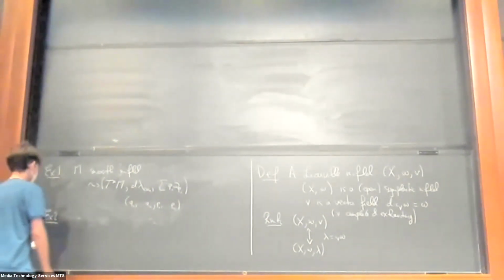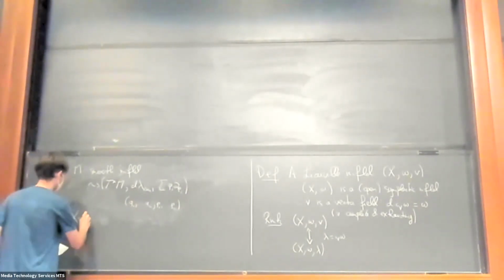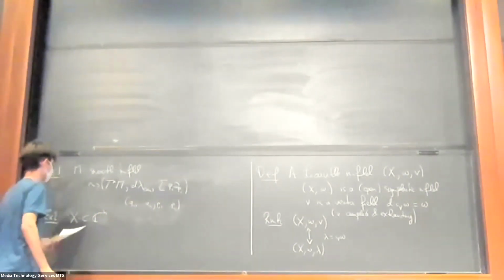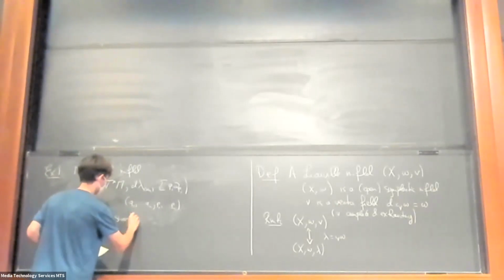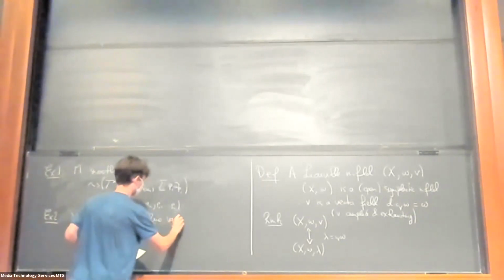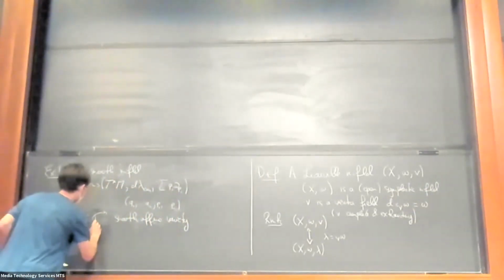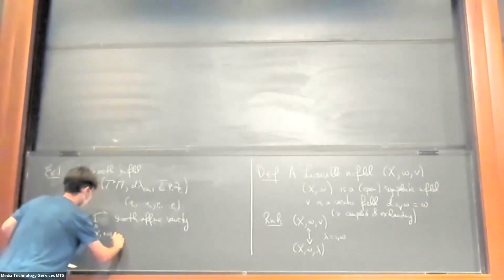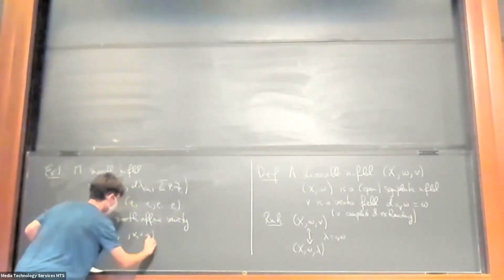Okay, so a second class of examples are smooth complex affine varieties. So let X inside C^n be a smooth affine variety over the complex numbers, and I want to choose standard coordinates x1 + i y1, ..., xn + i yn.